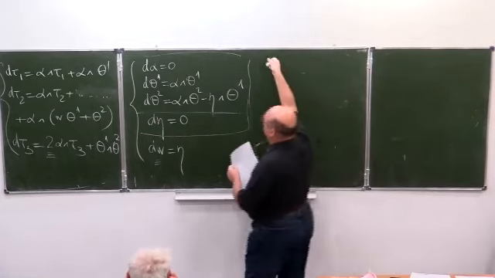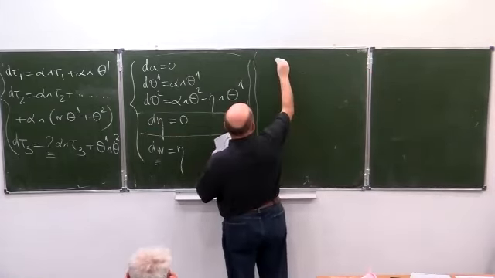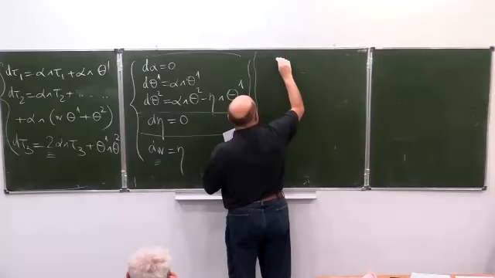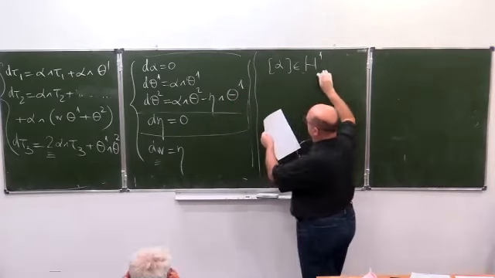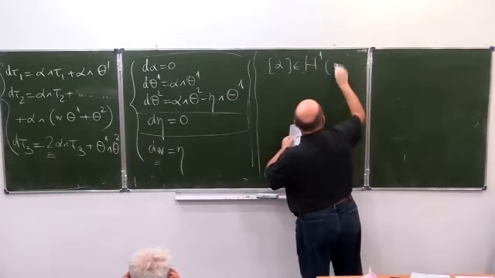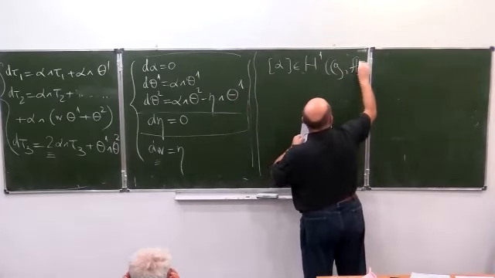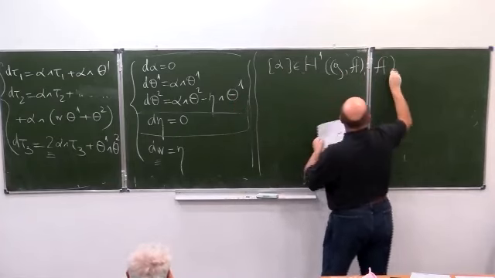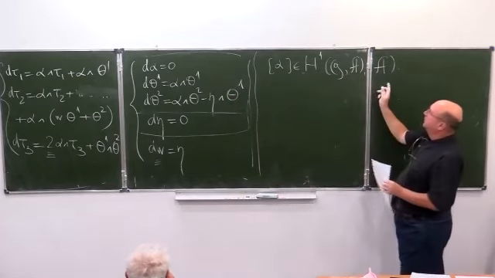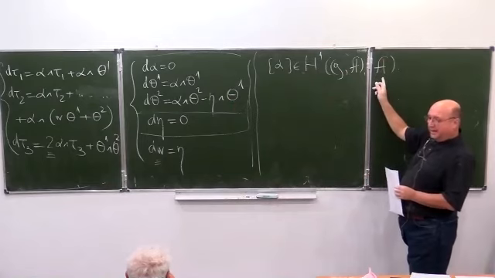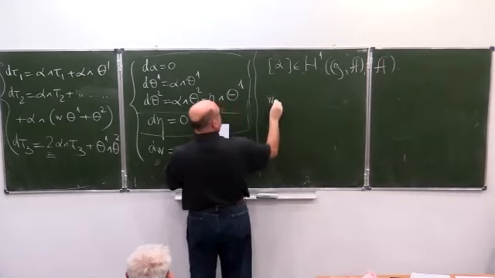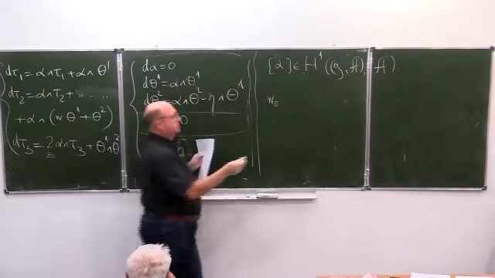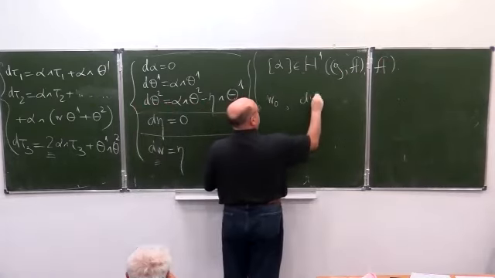So if alpha is a non-trivial element of the first cohomology group of our Lie-Rinehart algebra with trivial coefficients, we extend the algebra A. We define a new element, let it be, say, W0, such that dW0 is equal to alpha.